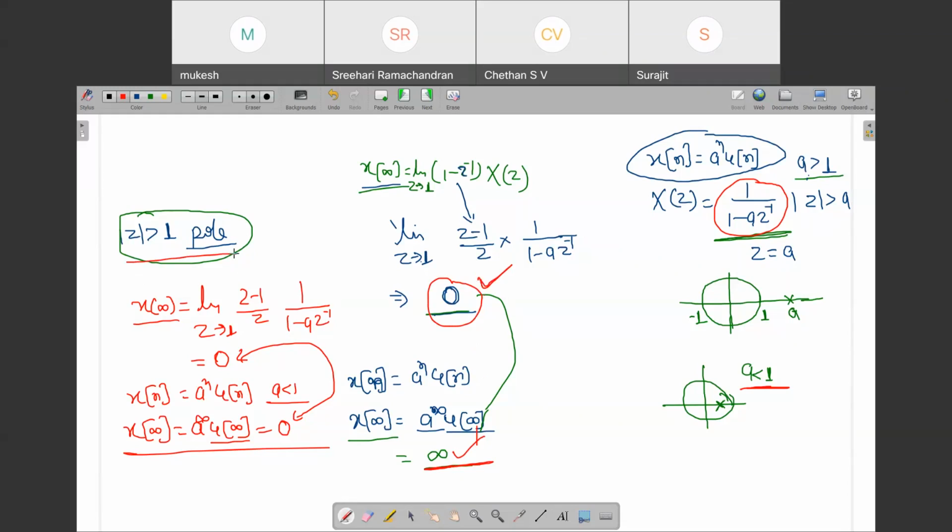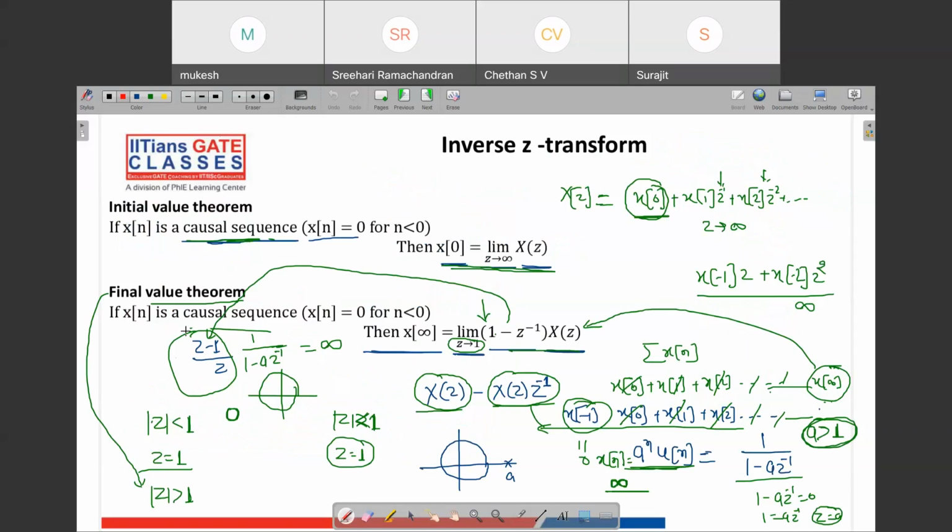Sir, for an anti-causal sequence, will that multiplication factor 1 minus z inverse remain the same, or will it change? For an anti-causal signal also we should not use it, because I have mentioned we should use it only for the causal signal. When I derived this, one assumption was that this is a causal signal, and because of that, the term x of minus 1 in the derivation became 0. And that's why at last you just got x of infinity.